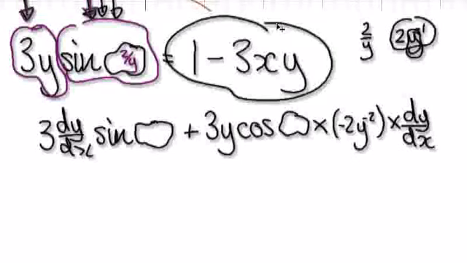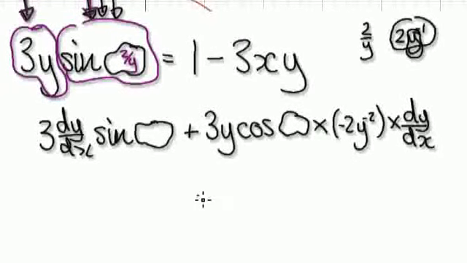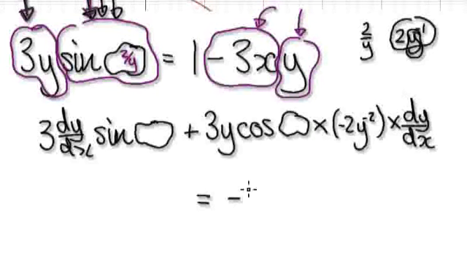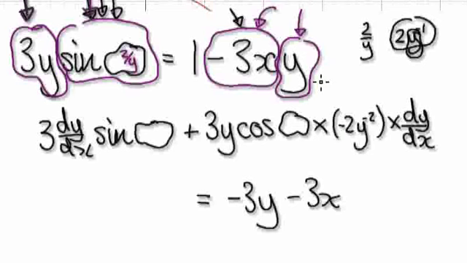Now for the right hand side here, it will be just the product rule. So that would be like this. We've got one thing multiplying with another thing here. So remember, differentiate this, leave this the same. So that would be minus 3y, and then now keep this the same, which will be minus 3x, and then differentiate the y, which will be 1.